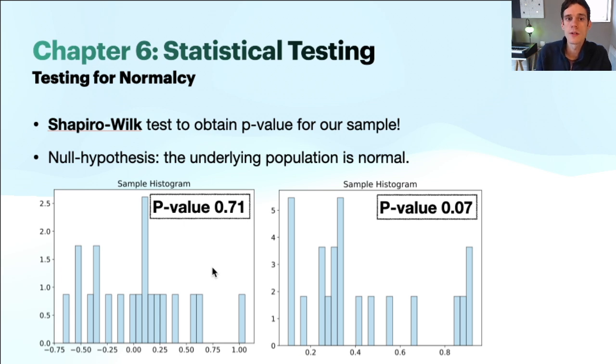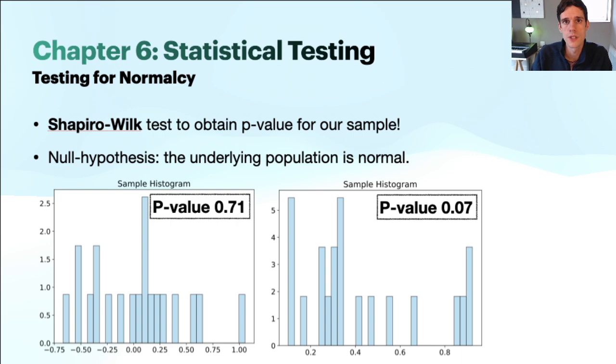And thus, clearly, we can accept the null hypothesis, meaning that this sample is very likely to have come from an underlying population that is normally distributed. Whereas on the right side, we get a p-value that is 10 times lower. And thus, in this case, we could reject the null hypothesis, depending on our statistical significance level, and therefore conclude that this sample is not drawn from a normal distribution.